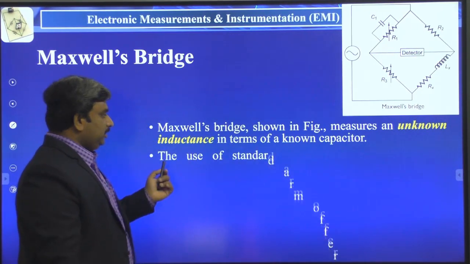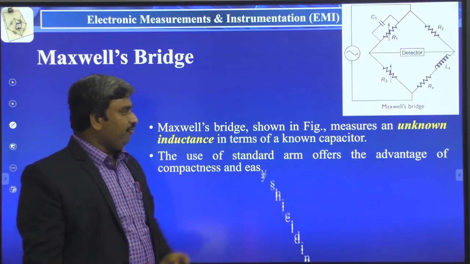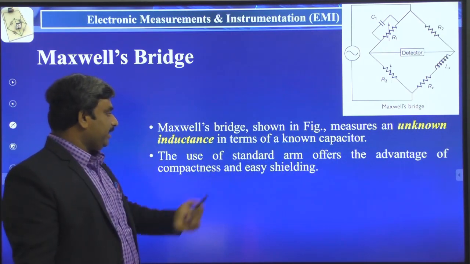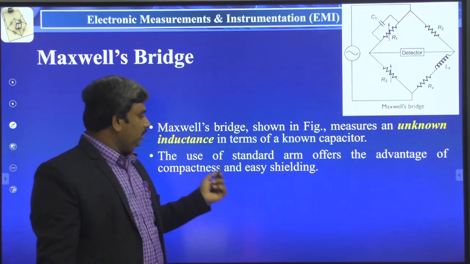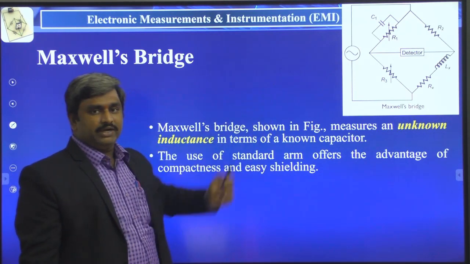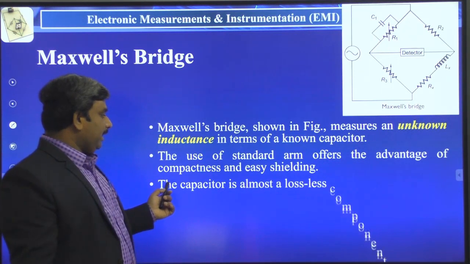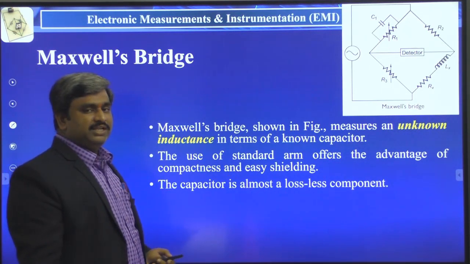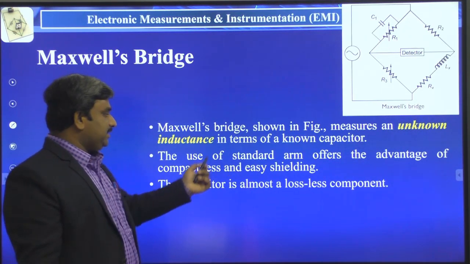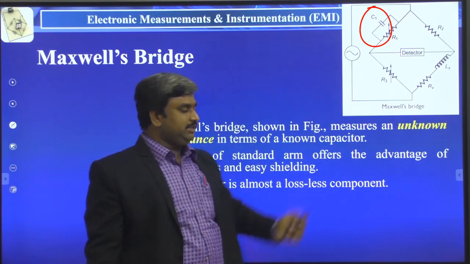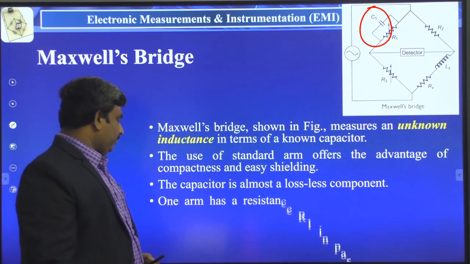The use of standard arms offers the advantages of compactness and easy shielding. These standard arms provide ease of operation. Next, the capacitor is almost a lossless component.